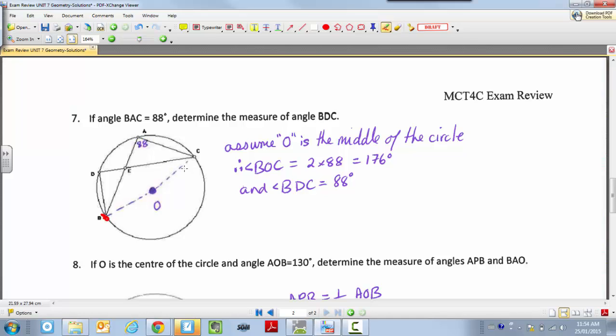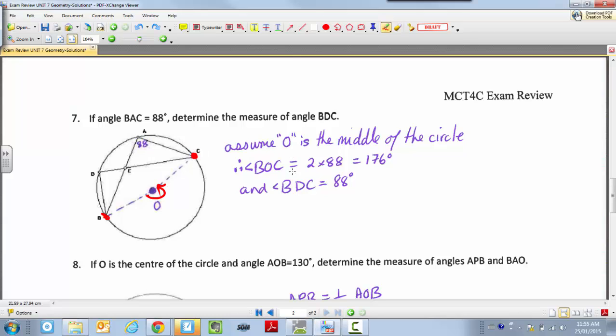Knowing that if we have two angles on the edges here, the central angle, the angle that goes through O here, is going to be double. So this angle is going to be double what each of these angles is. Basically, these two angles will have to be the same.